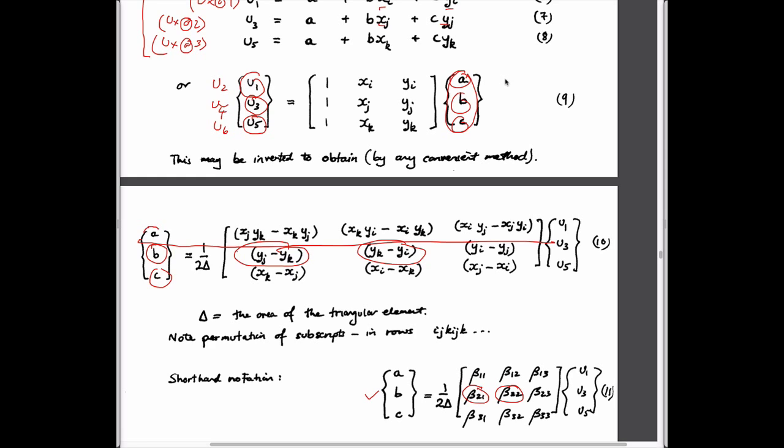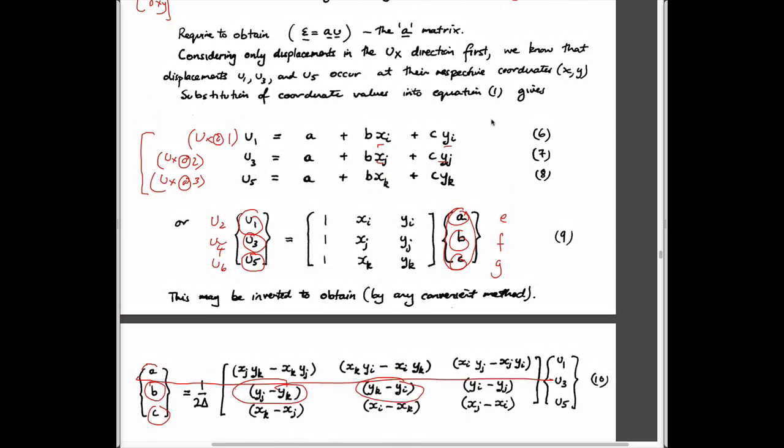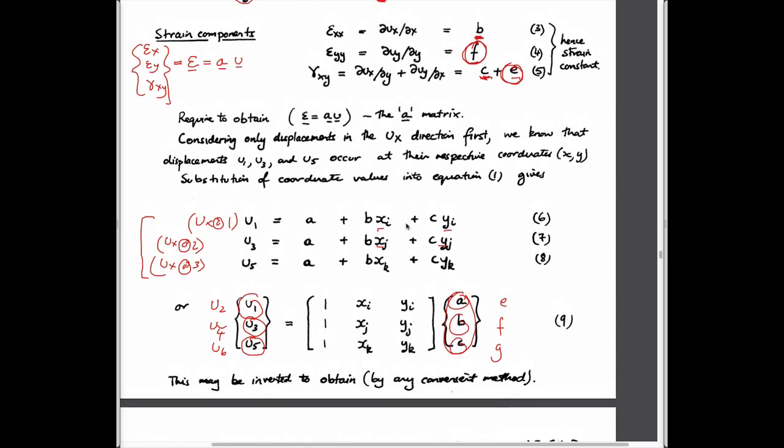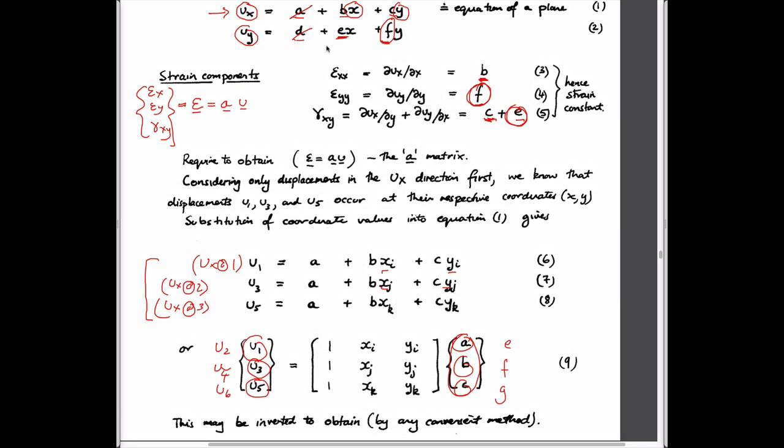And this is going to be E, F, and G. Because instead of doing it for these 3, we're doing it for this equation here. So it'll be U2 multiplied by D plus EX plus FY, etc.